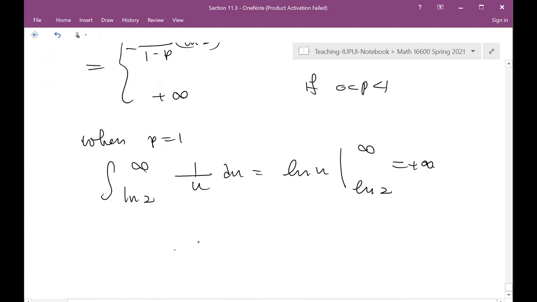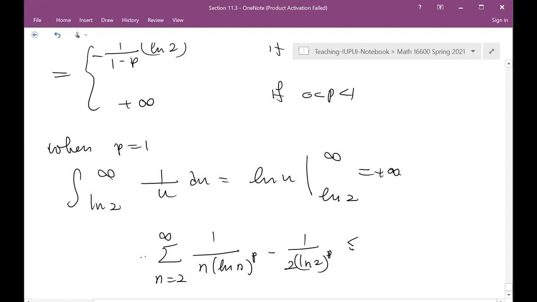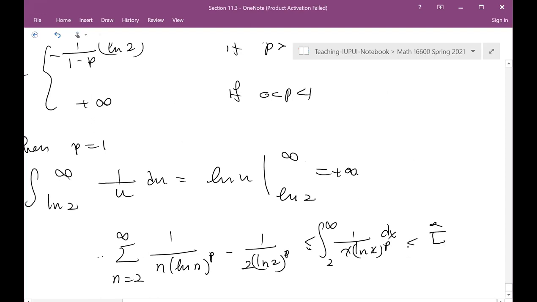So this integral from 2 to n of 1 over x natural log of x to the power p, minus the first term, 2 natural log of 2 to the power p, is less than or equal to this integral.